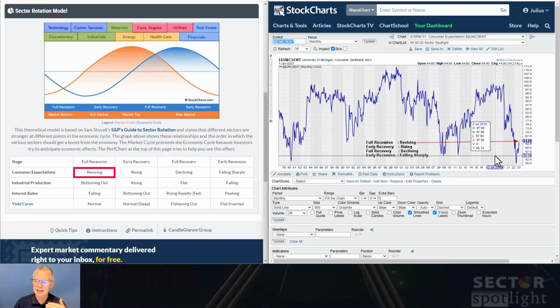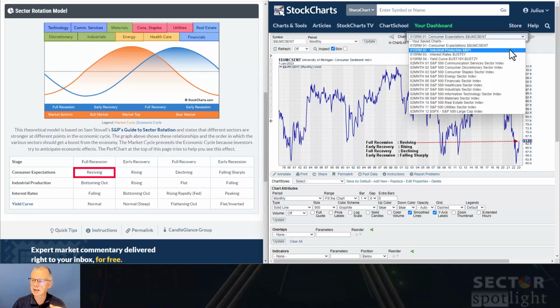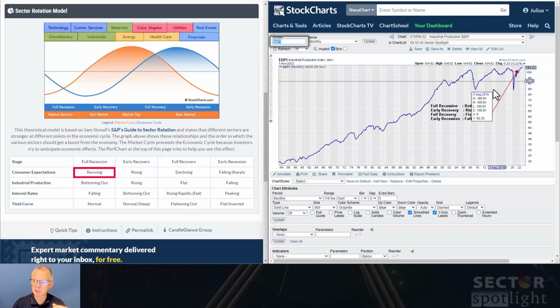I'm labeling that as reviving because we had that super sharp decline here, and we're now pushing back up. So we had that early recession phase, it's now reviving. So according to sentiment, we're in full recession, we're reviving. Coloring that here, bordering that reviving block.